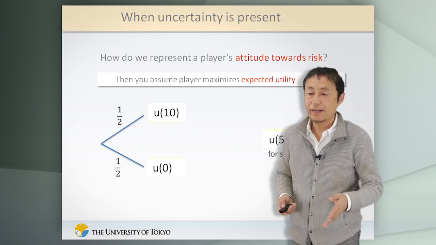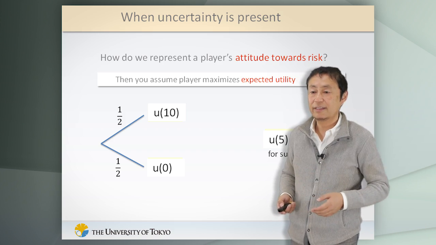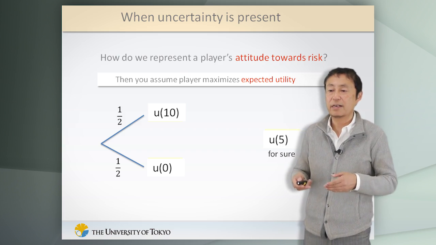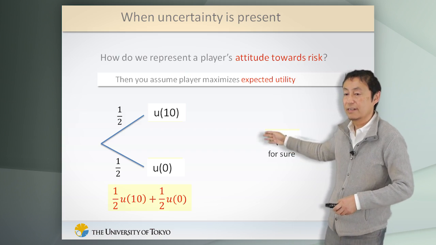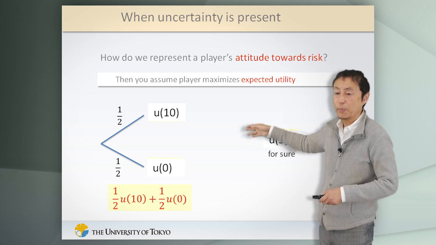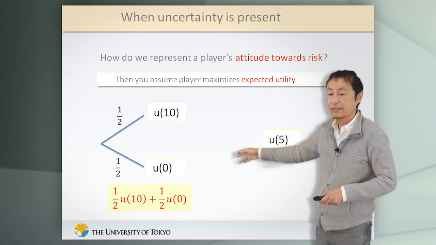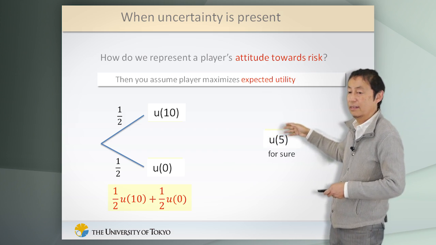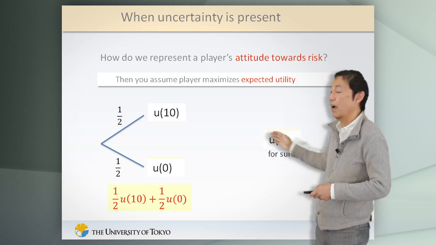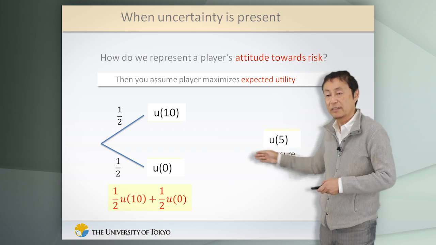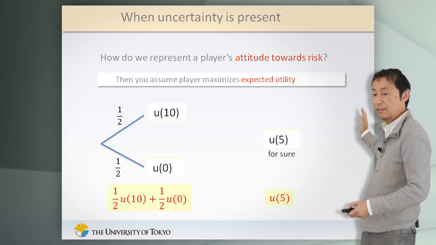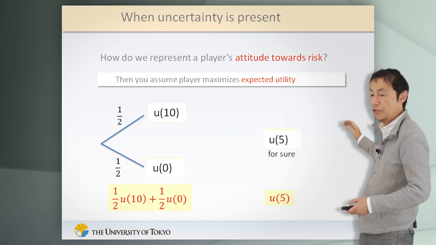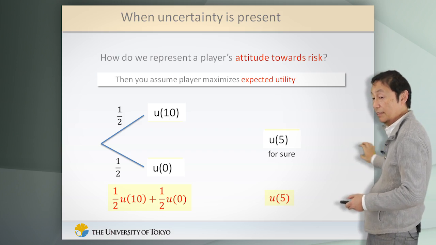And then, after assigning those numbers, utilities, you should assume that players are maximizing expected utility. If a player chooses this lottery, half of the time he gets utility from $10, U of 10, and half of the time he gets utility coming from $0. So on average, his satisfaction or expected utility is this one. On the other hand, if a player chooses the other alternative, he gets $5 for sure, so he gets satisfaction or utility from $5 for sure.